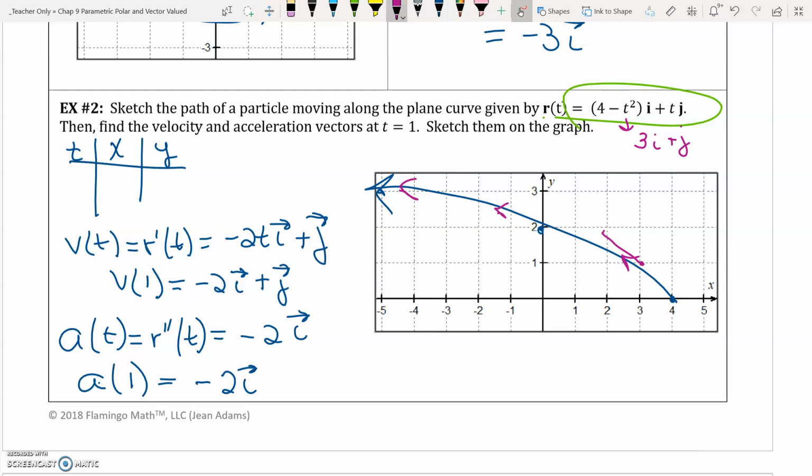That should be touching the curve. Let me use a different color because I already have. So it's going to be like right along here, like that. So there's v of 1. And then my acceleration is going to be like that. So there's a of 1.